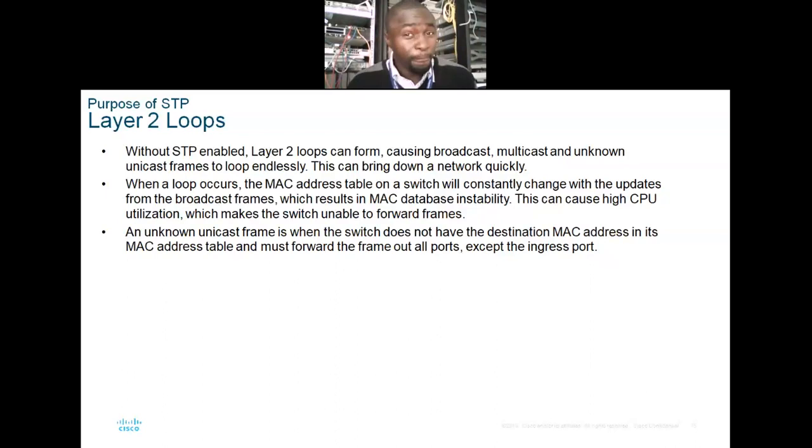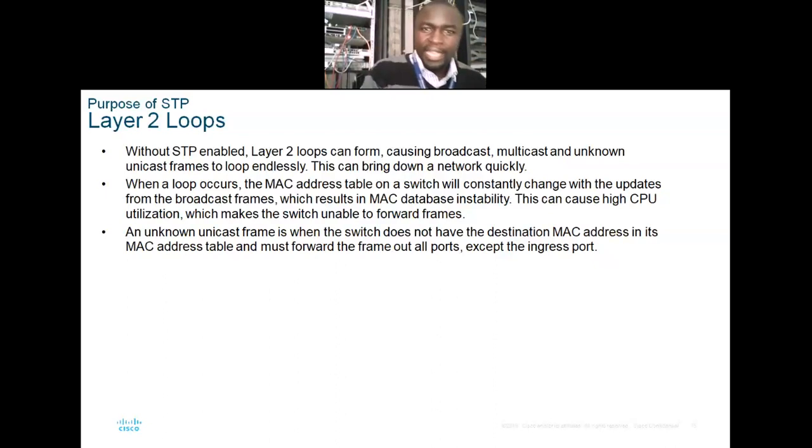But once this instability in the MAC address table begins to occur, the MAC addresses that are mapped to the different ports are going to be changing. So there might be a particular frame that is required to go to a particular destination device.